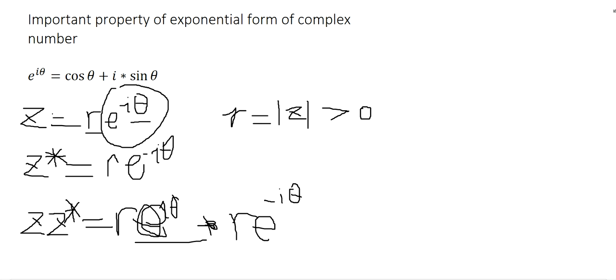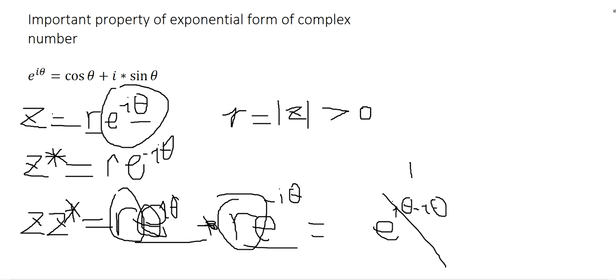For e to the i theta and e to the minus i theta, this equals e to the i theta minus i theta, which is 0, and e to the 0 is 1. We cannot forget r times r here, so there's r squared. If you cannot realize the significance of this, I should write it as the absolute value of z squared.